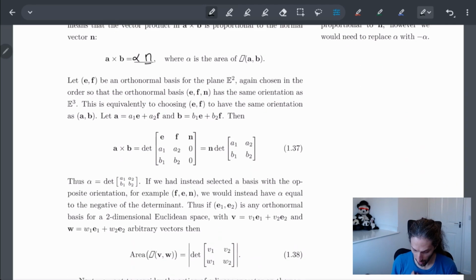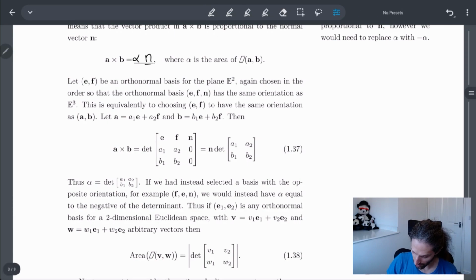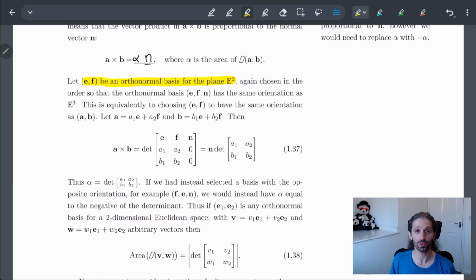So let's do this. We let E and F be an orthonormal basis. It doesn't matter which, choose your favorite orthonormal basis in E2. And again, remember that we chose this in some direction. So E, F, and then we're going to add N. Since we have some order, E, F, N is going to have the same orientation as E3.